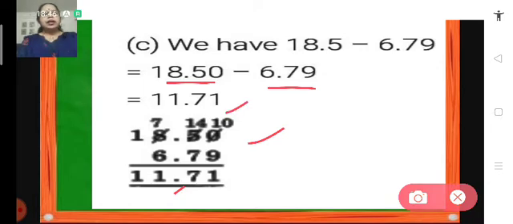So here in the hundredths place we have 0, 0 minus 9, we cannot subtract. So we borrow 1 from tenths and it becomes 10. So 10 minus 9, we get 1.